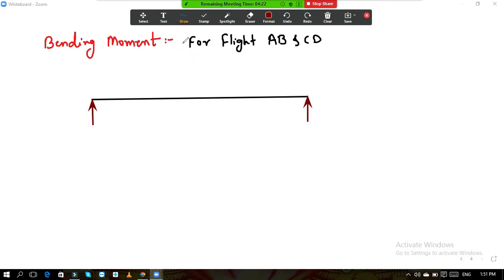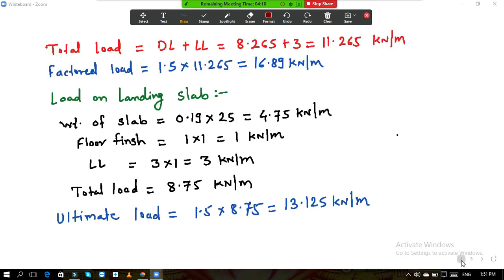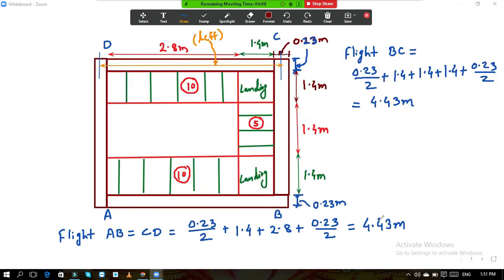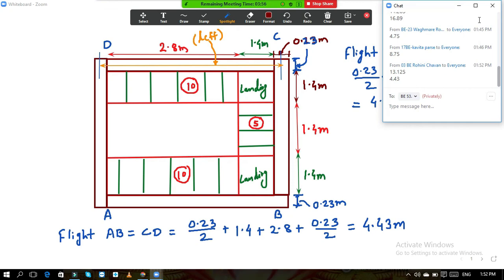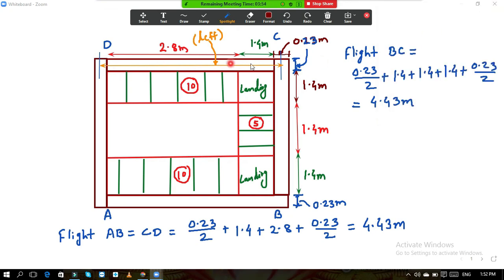See, for flight AB, what is the effective span? If you see, this is the effective span, from D point to C point. This is the effective span for both the flights CD and AB. 4.43, correct. That is the effective span.